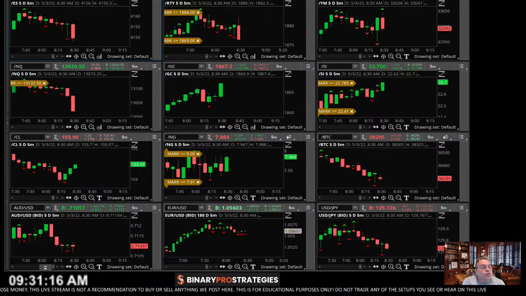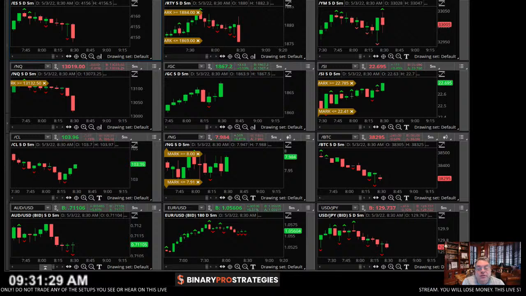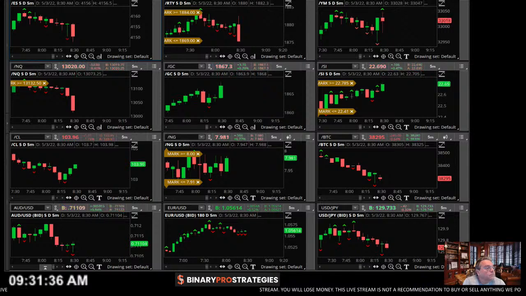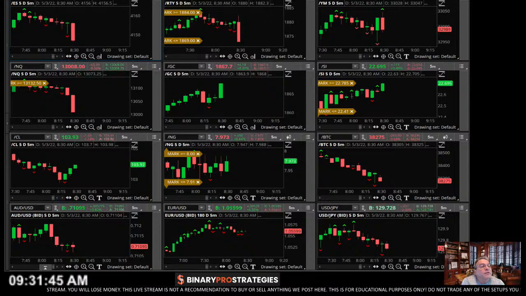Okay, NQ just went short, which is going to be your US Tech. Still on RTY. Not unusual to see your Russell go up and your mini NASDAQ go down.